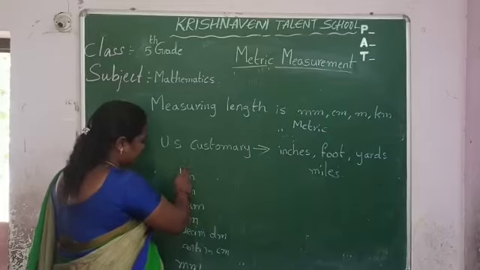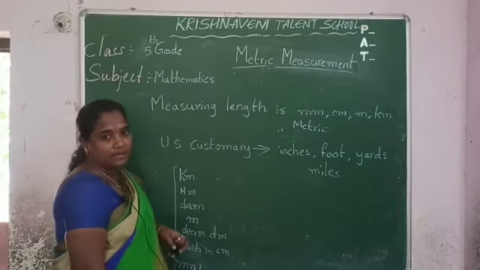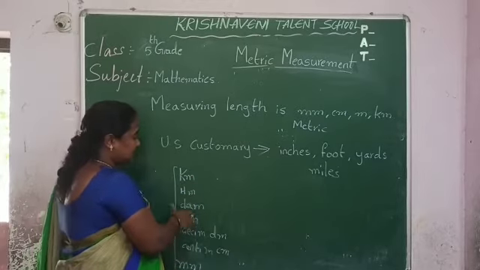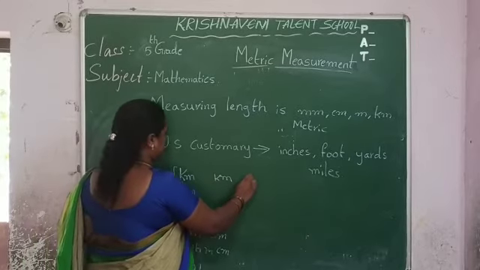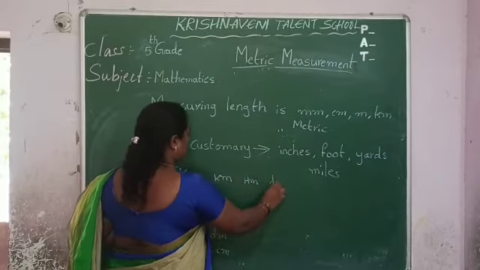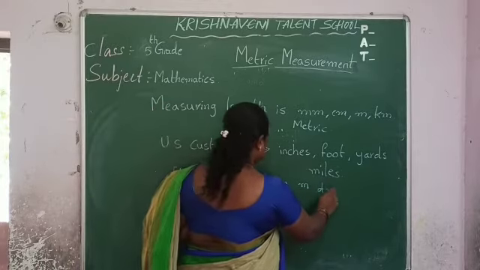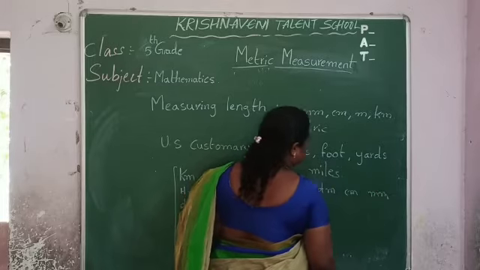These seven are the units in metric measurements. So what is the relation between them? Kilometer, hectometer, decameter, meter, decimeter, centimeter, millimeter.